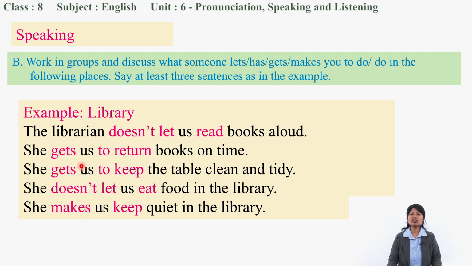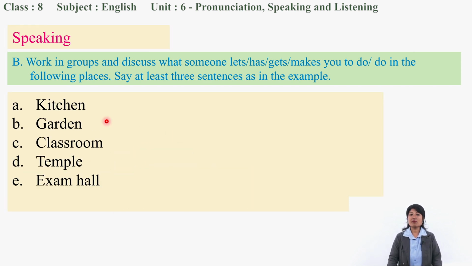You are to use these words: let, gets, has, makes, right? Now we have 5 more places: kitchen, garden, classroom, temple and exam hall. If we practice all these 5, that will be enough.